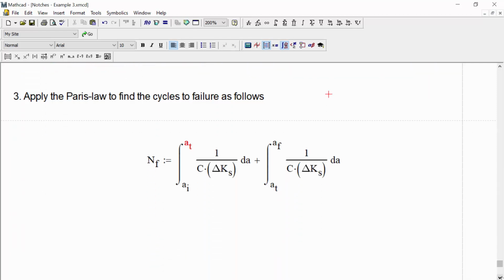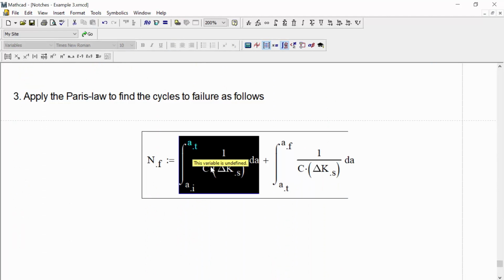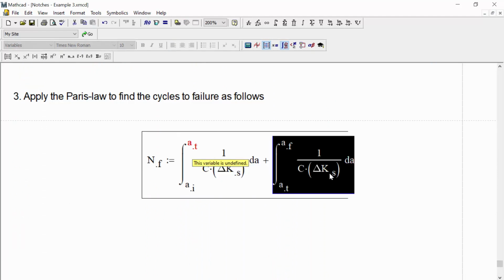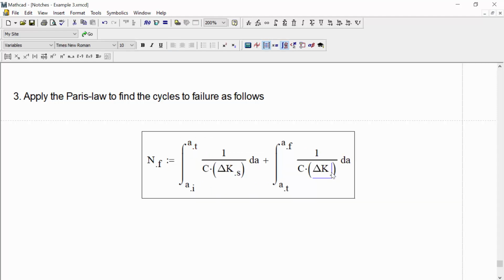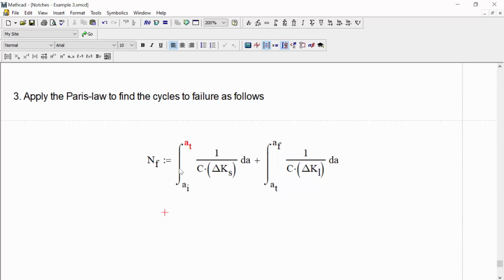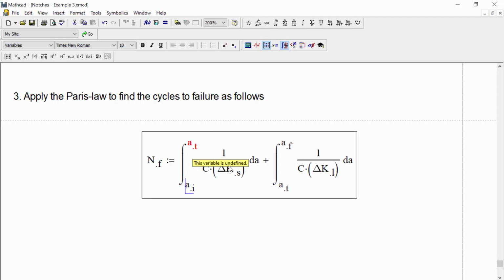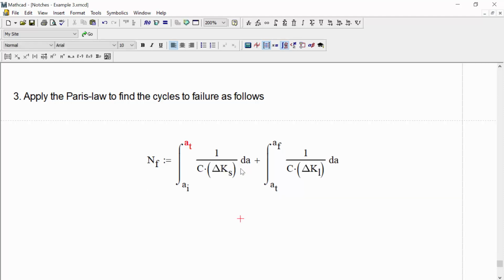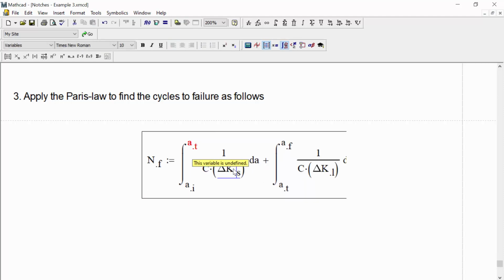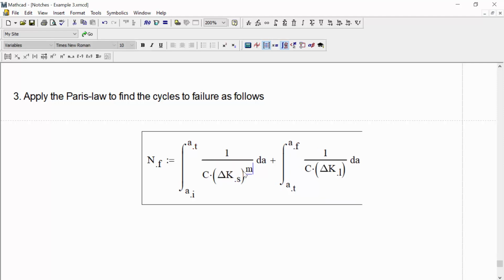If we take Paris's law and rearrange it, and split it into a portion for the short and the long crack, we get the following relationship, where the cycles to failure is equal to the definite integral of 1 over C times delta K short to the power m, plus the definite integral of 1 divided by C times delta K long to the power m.